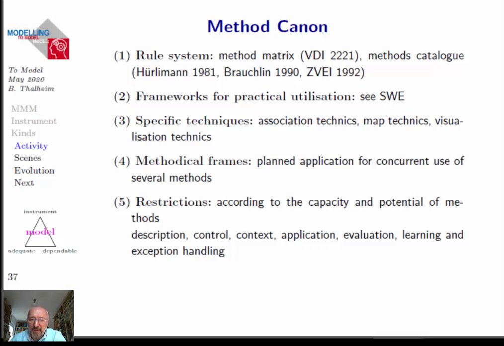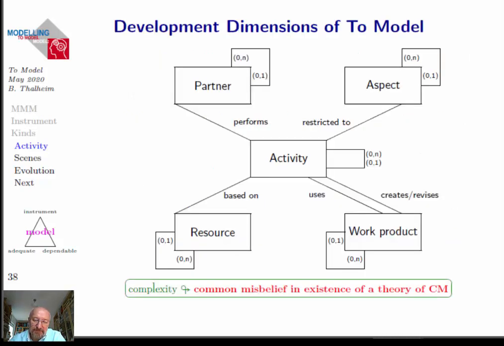We have specific techniques. We have maybe also methodological frames. And we might have also restrictions. That means in this case we can map it now to some kind of engineering activity. In this case we have partners, mainly coming from our community of practice. We have aspects to be represented.